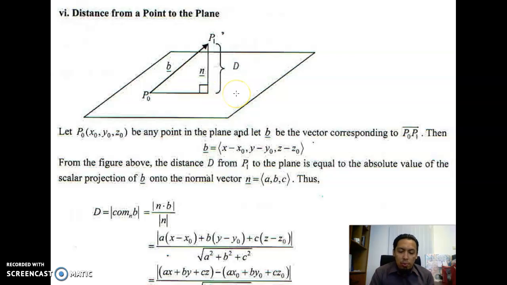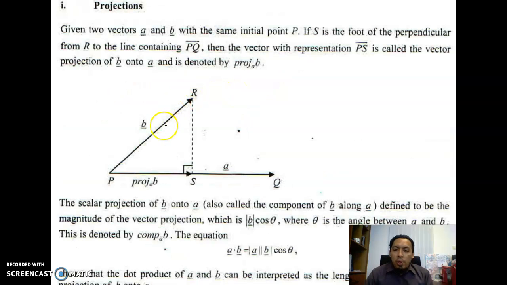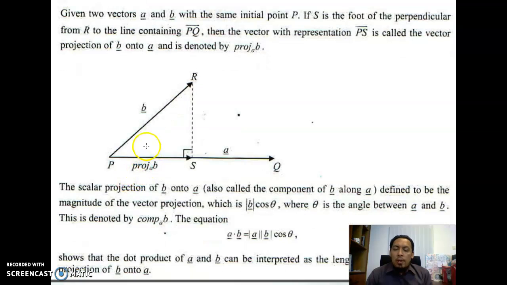Let us revise a bit on projection. So this is projection, where you have vector B, and the shadow of vector B on vector A that is perpendicular is known as the projection of B. Assume that you shoot a light from above B, and you will have a shadow of B on top of A. So that is a projection.